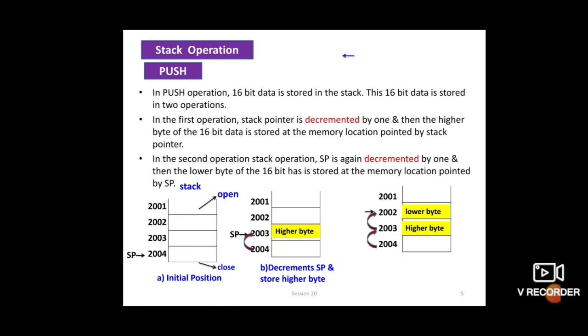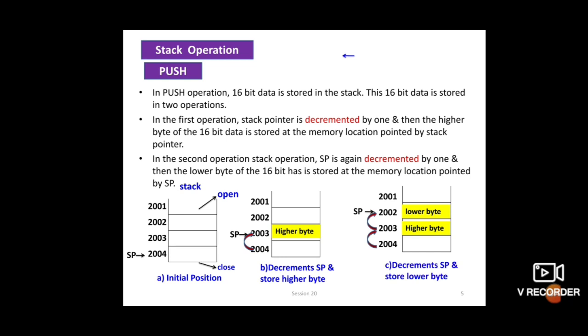So the stack pointer goes to the 2002 memory location. First the stack pointer is at 2004, then the higher byte is stored and it goes to 2003, then the lower byte is stored and it goes to 2002. Now what is the position of the stack pointer? After the second operation, the stack pointer becomes 2002.